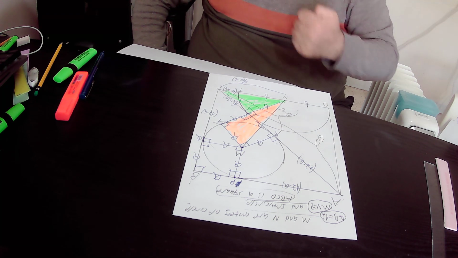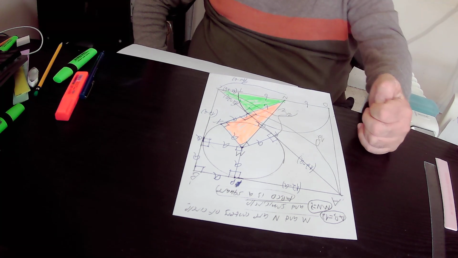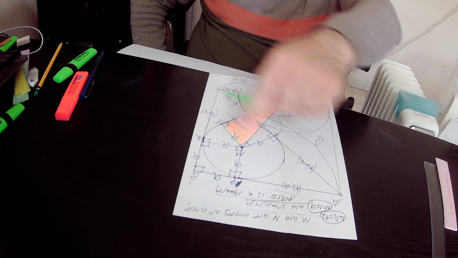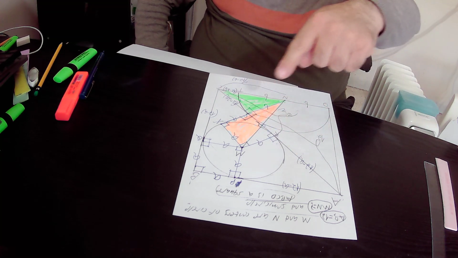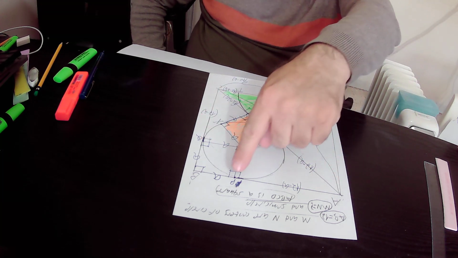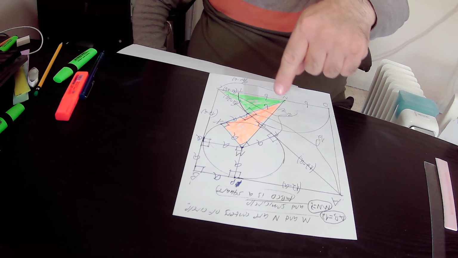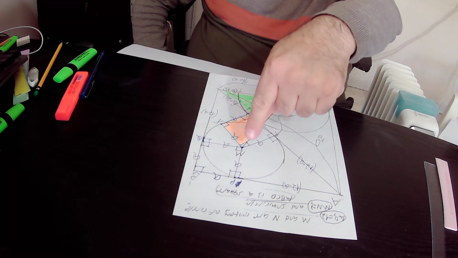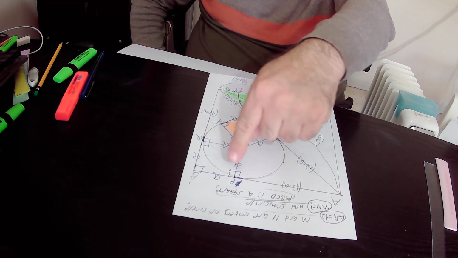Whenever you have a radius that is drawn to the point of tangency, then the tangent will be perpendicular to the radius. That is to say, the tangent AB will be perpendicular to the radius PM. AB is perpendicular to PM, that is to say, this angle equals 90 degrees, and this angle will also be equal to 90 degrees.